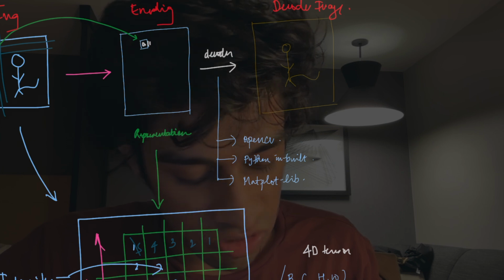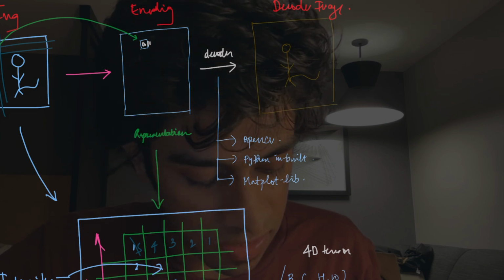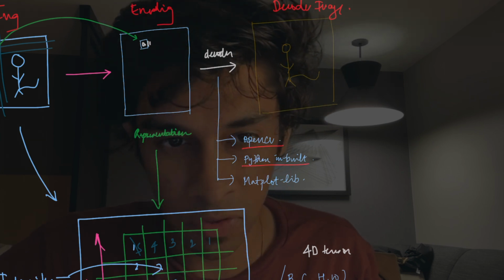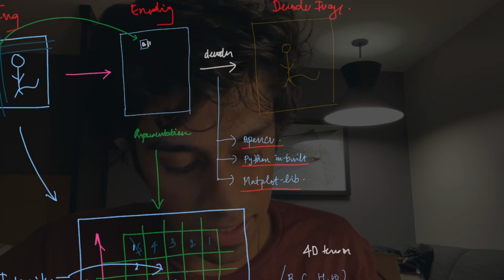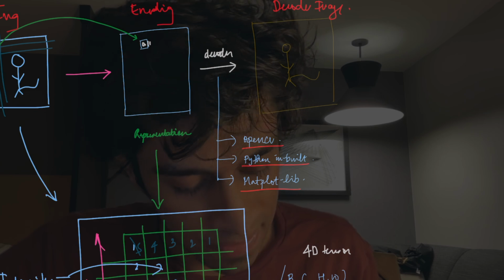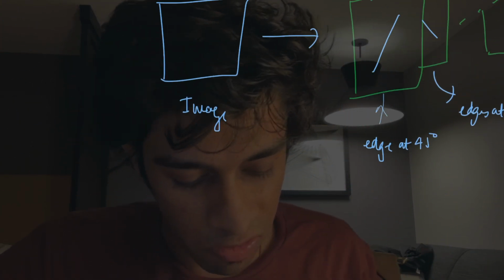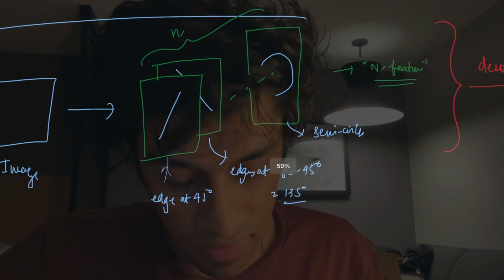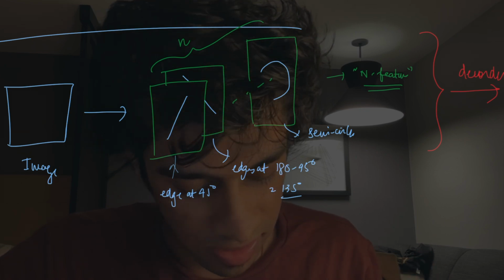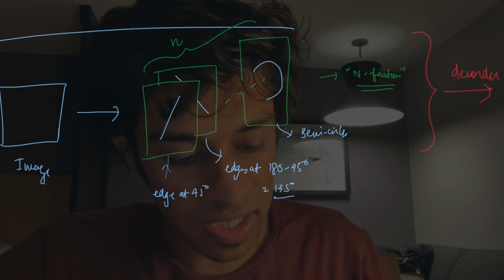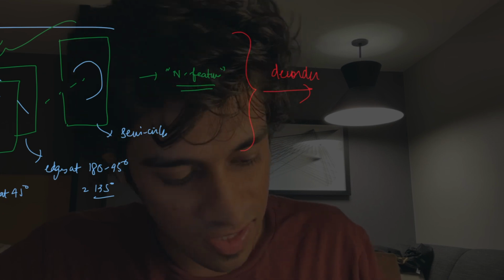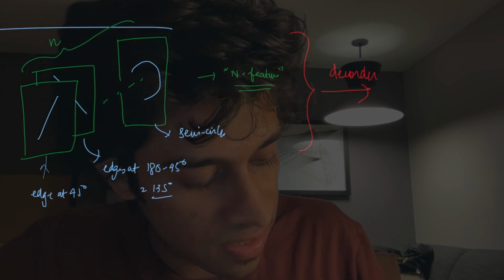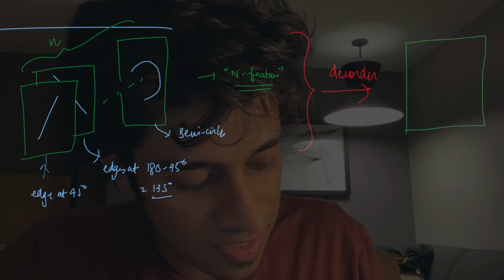And then we need a decoder which is provided by either OpenCV, Python inbuilt, Matplotlib, or many others, which can decode this encoding back into an image. Similarly, if we store an image with these kinds of features, then we would need a different kind of decoder which can decode this information back into an image and visualize it to us on the screen.